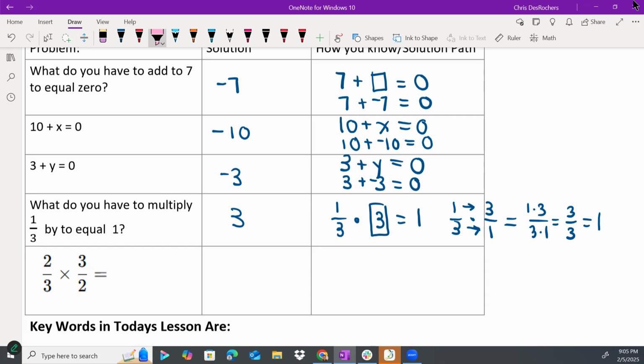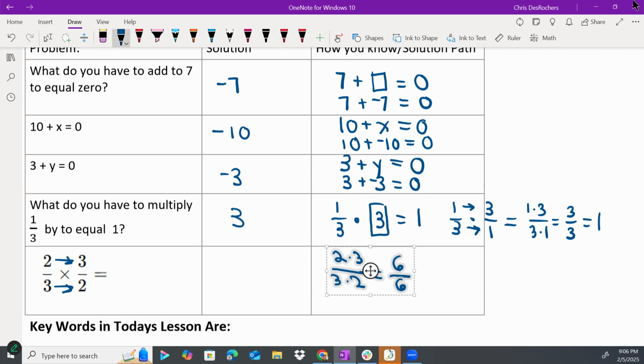Our next question is, what is 2/3 times 3/2? If we multiply across, this is going to be equal to 2 times 3 over 3 times 2, which is equal to 6 divided by 6. I should have done this over here, where our solution paths are supposed to be.